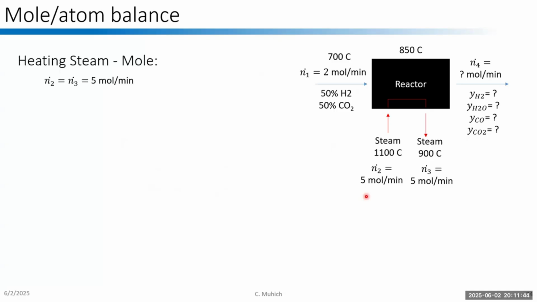Okay, so let's start by looking at our molar balance of the steam system. You can look at this over here because it's a little bit easy. I've got the steam going in, the steam coming out. It's 5 moles per minute, easy peasy.